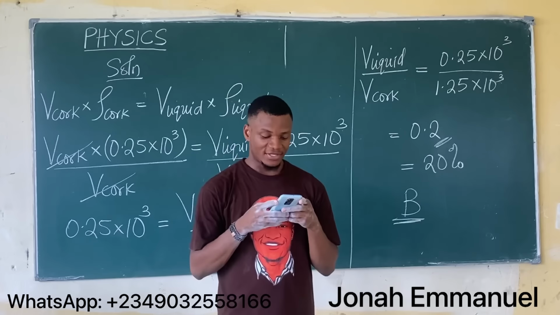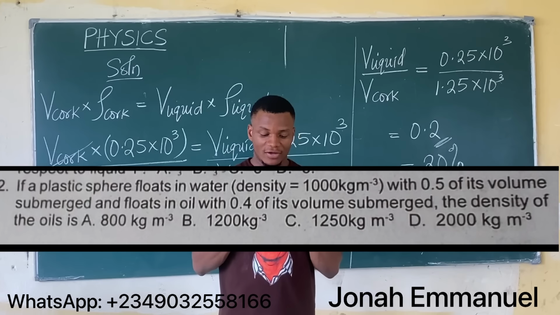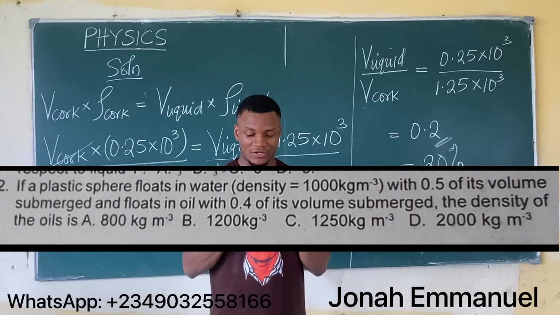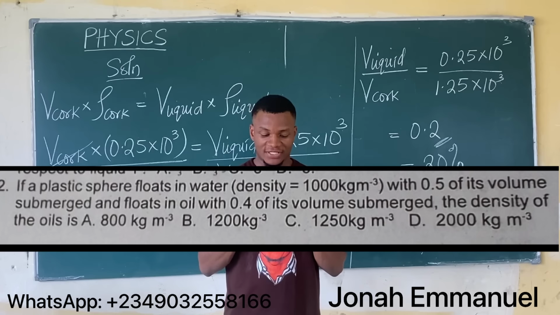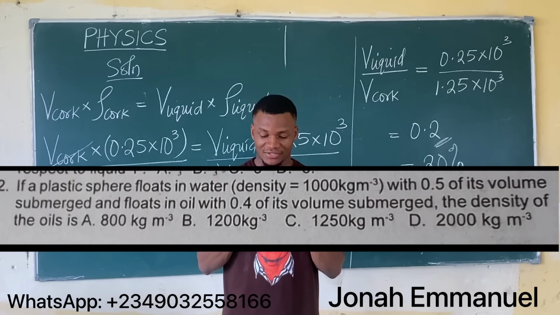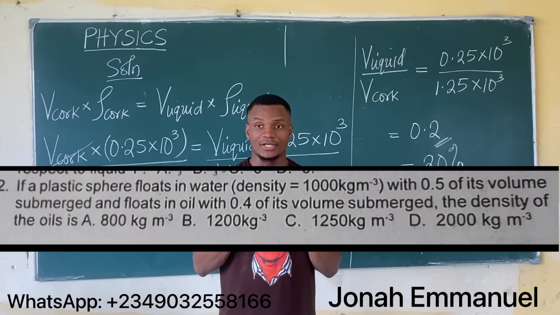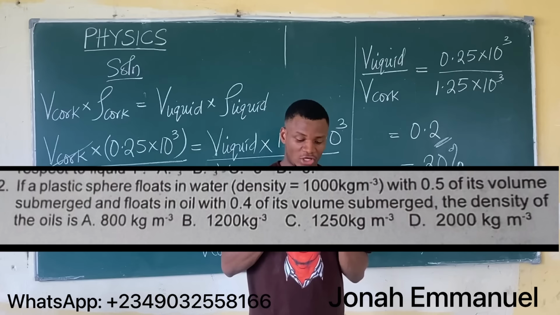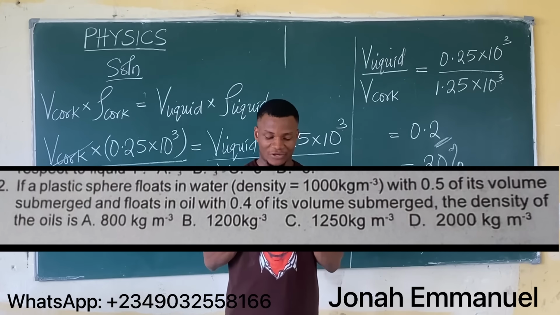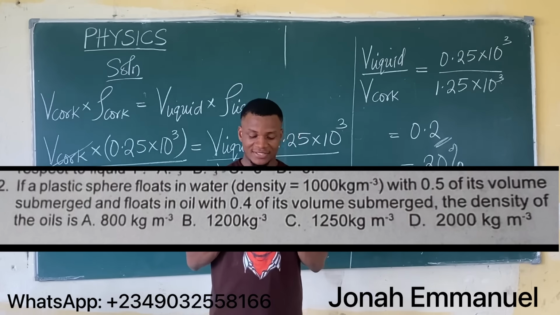Alright, the question says, if a plastic sphere floats in water (density 1000 kilogram per meter cube) with 0.5 of its volume submerged and floats in oil with 0.4 of its volume submerged, the density of the oil is A, 800 kilogram per meter cube, B, 1200 kilogram per meter cube, C, 1250 kilogram per meter cube, D, 2000 kilogram per meter cube.